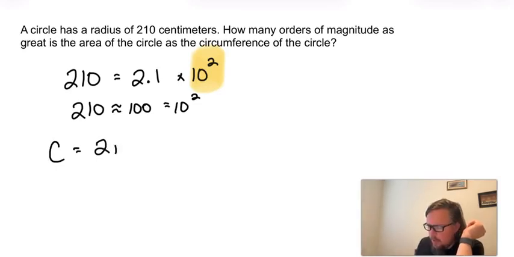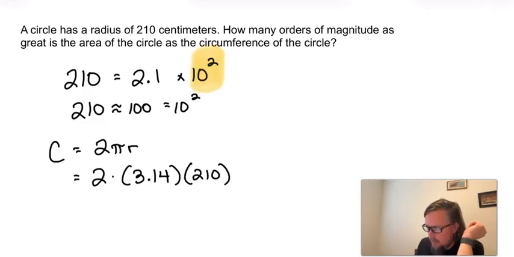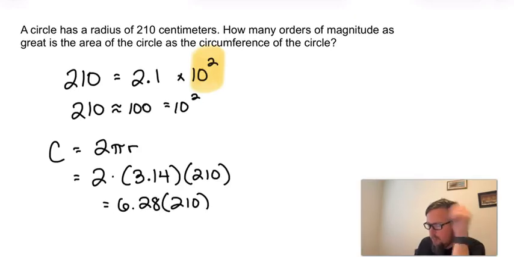Well, the circumference is found by 2 pi r, which in this case is 2 times, I'll just use 3.14 for pi, 2 times pi times the radius. So 6.28 times 210.